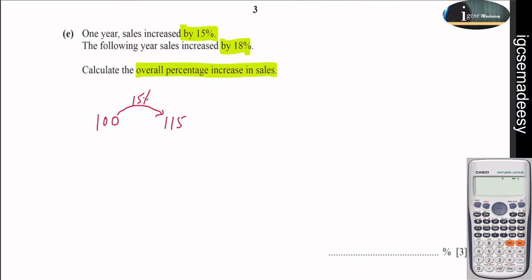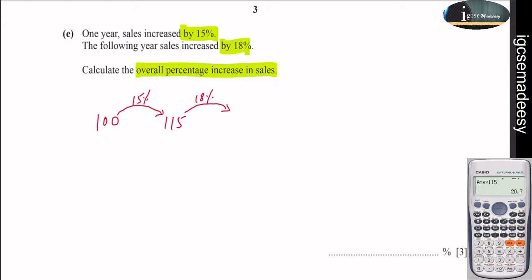After that, the following year 18% is again increased. It means that 18% of 115 is increased. So we have to find out what 18% of 115 is. 18 percent means 18 by 100 times 115, equals 20.7.